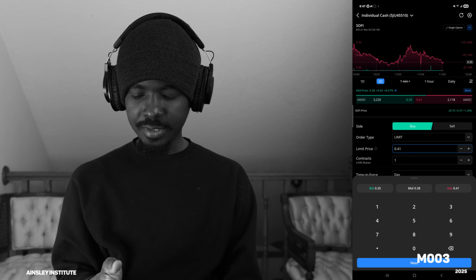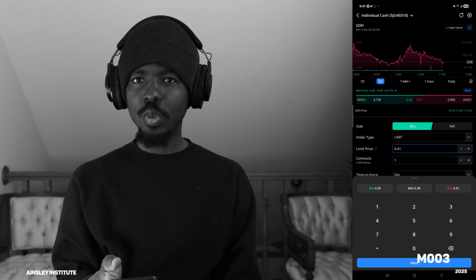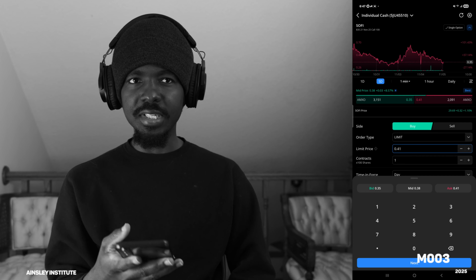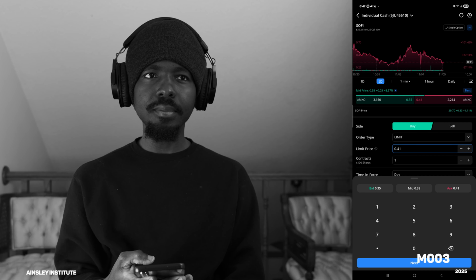So the difference would be the spread. 0.35, we're going to take that away from the 0.41, which would give us approximately 0.06. All right, which is reasonable, and this is fairly priced.